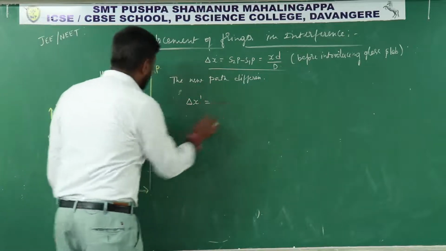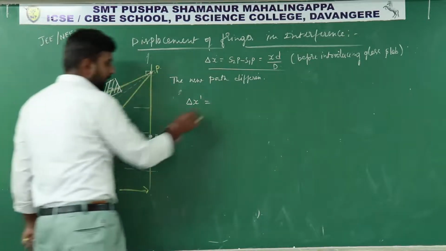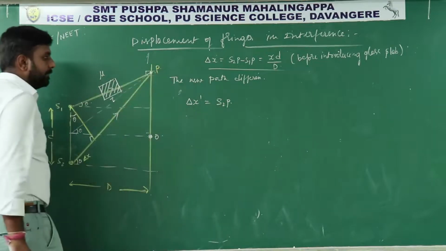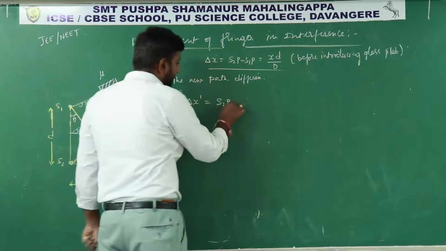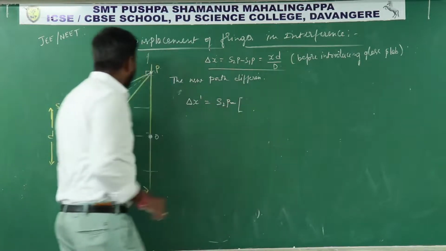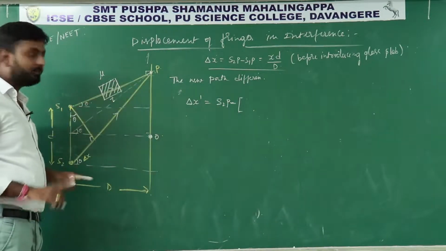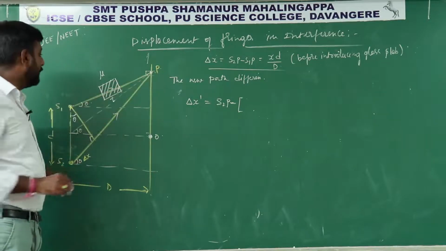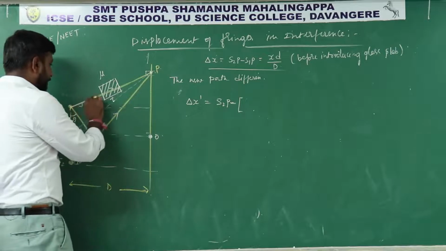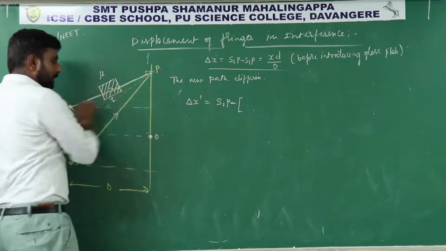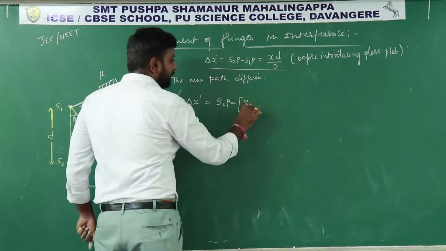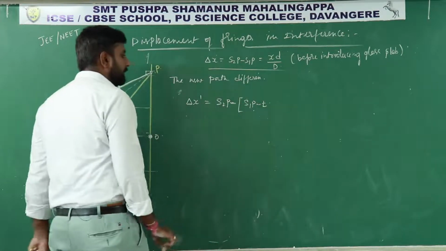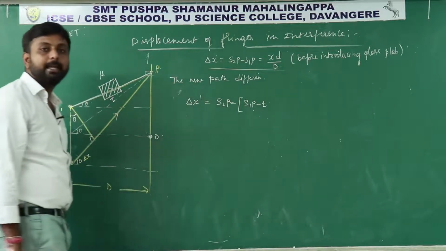This equals, for this wave, S2P, entirely travelling in air medium, minus, but for the upper wave it is not completely travelling in air medium. How much distance it travels in air medium, you can write S1P minus t distance.